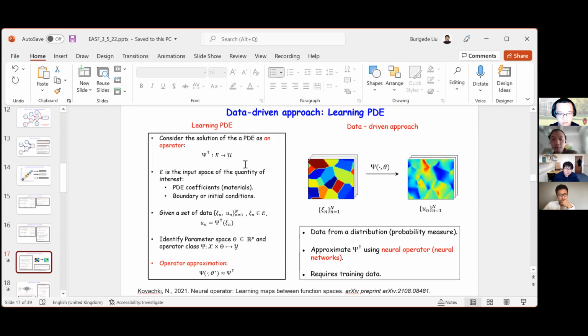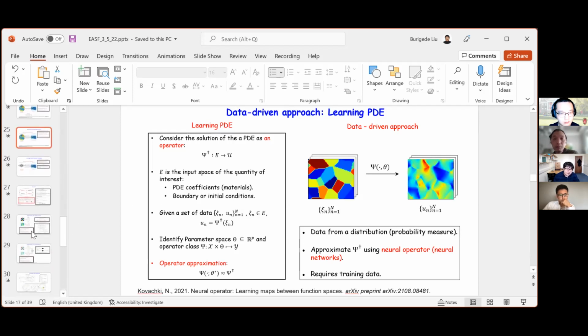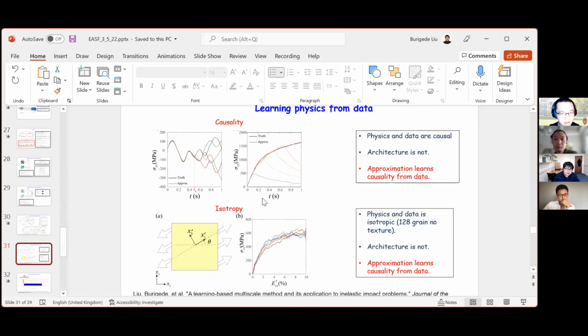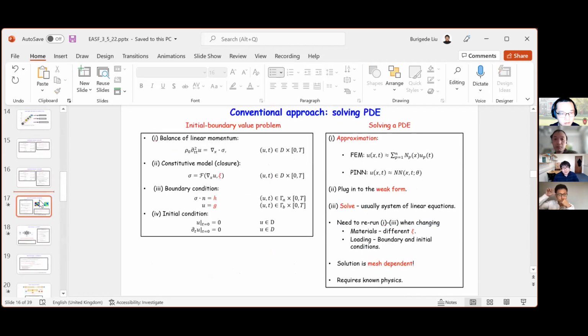We can nevertheless use it to learn the physics. I've shown that in this learning-based multiscale model, you can actually learn physics from data using this data-driven method.